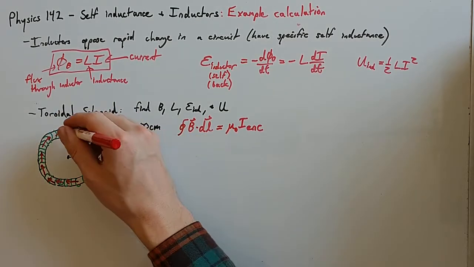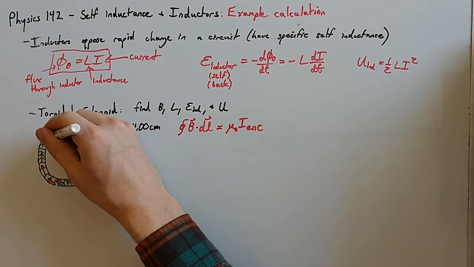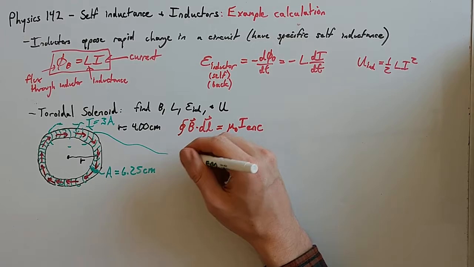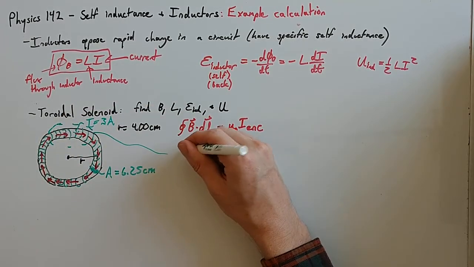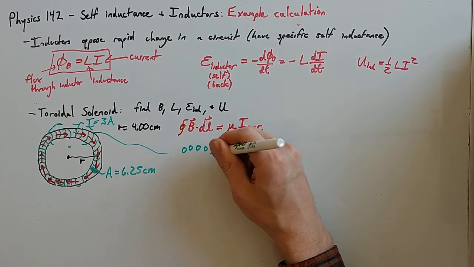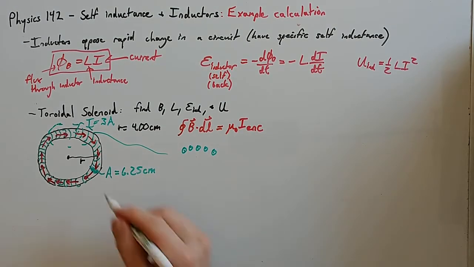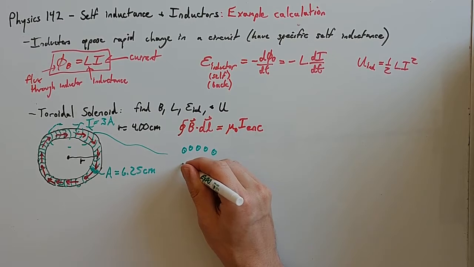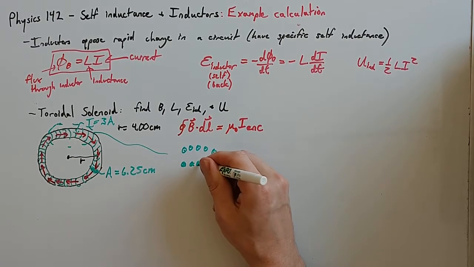If I zoom in there, what I'm going to see is that on top of the torus I have some current coming out of the page, and on the bottom we've got a bunch of current that is flowing into the page.